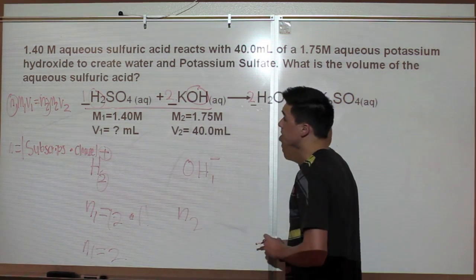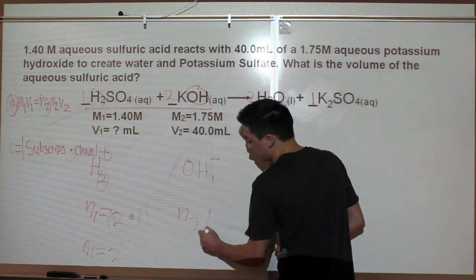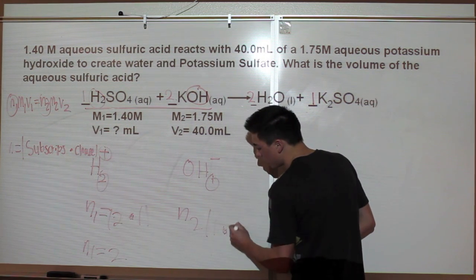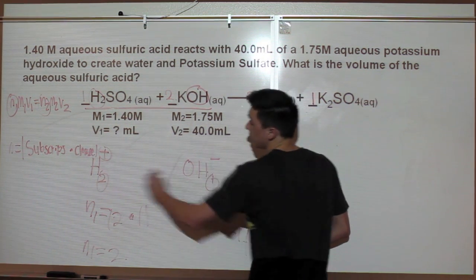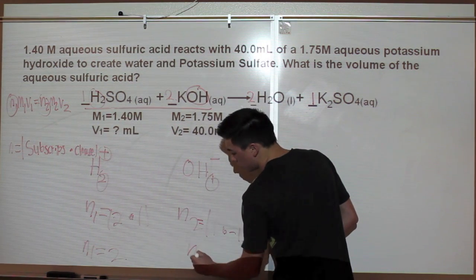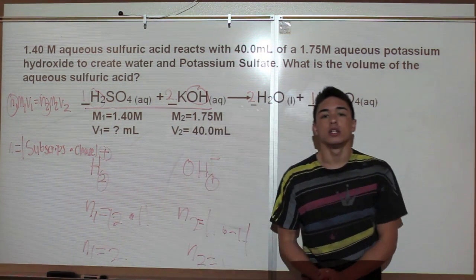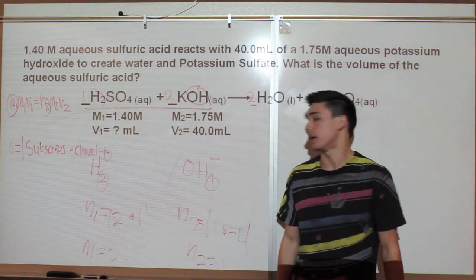Now let's solve for N2. OH minus from potassium hydroxide has a subscript of 1 and a charge of -1. So when we plug this into our equation for N, we get that N2 equals 1. Alright, so now that we have all these values labeled according to our new equation, we simply plug them in.